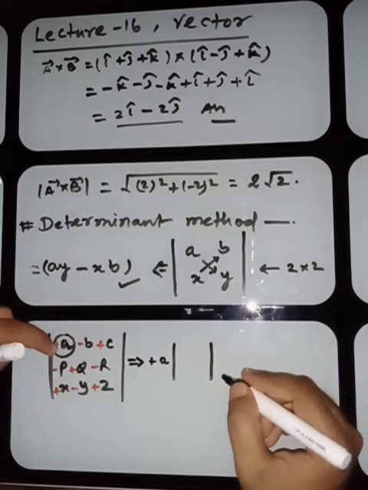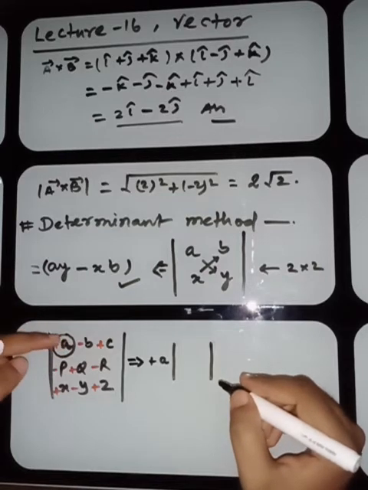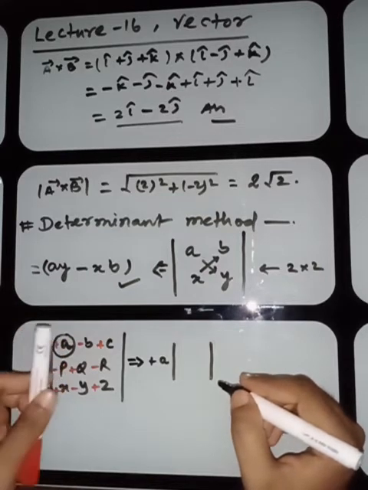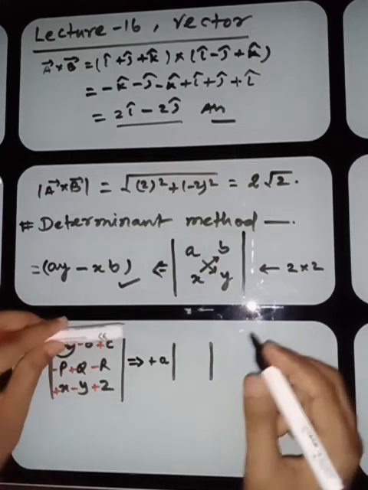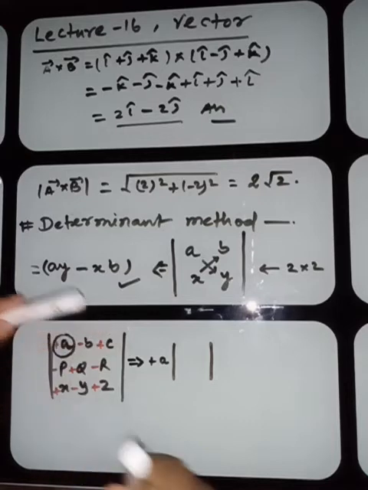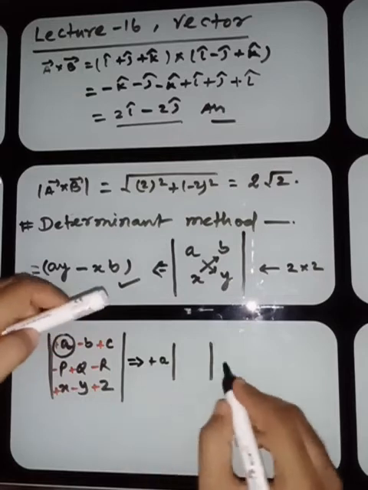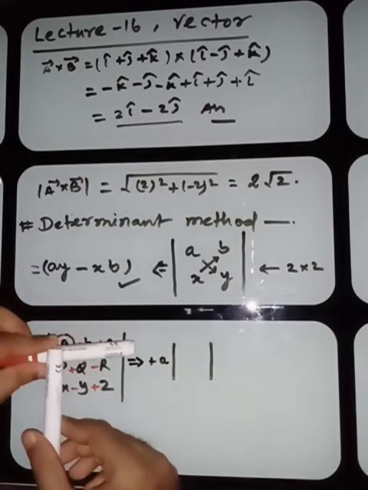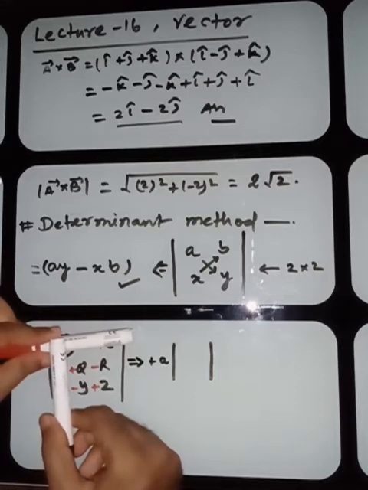If I pick this plus A, then its row and column will disappear. A's column is this one, this will disappear and the row will disappear. So you have Q, R, Y, Z. Remember, you have to put the nature here only to split this one. While feeding the values, after the row and column disappear, you have to feed the values but without the nature. You will not write the nature.